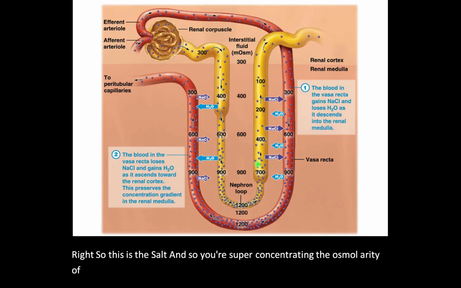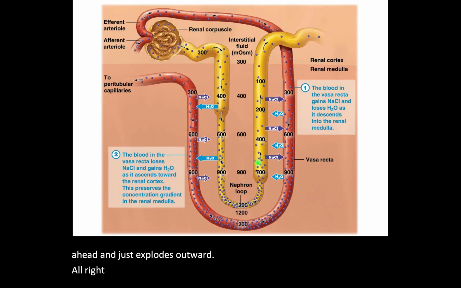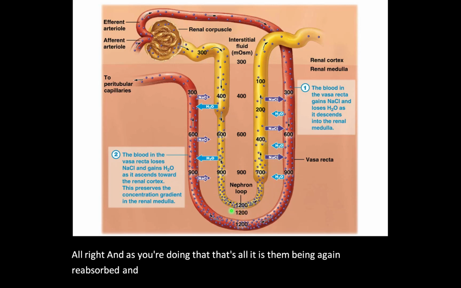And then as it comes up into this ascending loop, it just explodes outward. And as you're doing that, that salt is being reabsorbed, and it's going into the interstitial fluid here, which is going to draw water out.